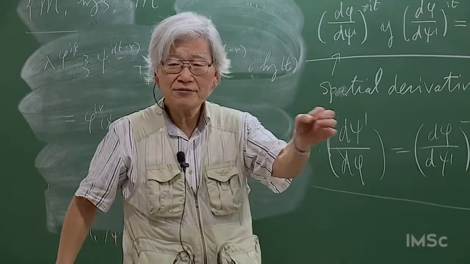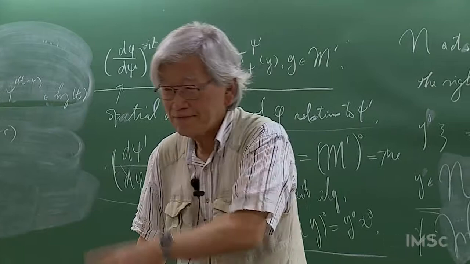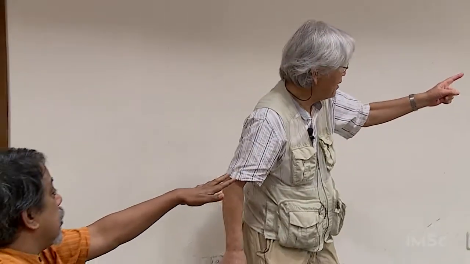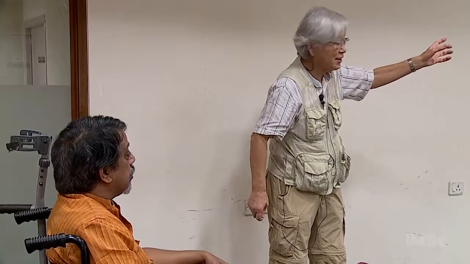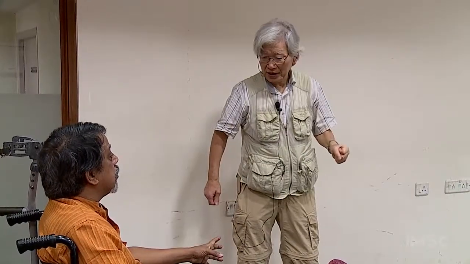I'm not fixing R. R is moving over the real line. So in the second term, you have a different R and psi to the power t minus r, and the product stays in H of t.